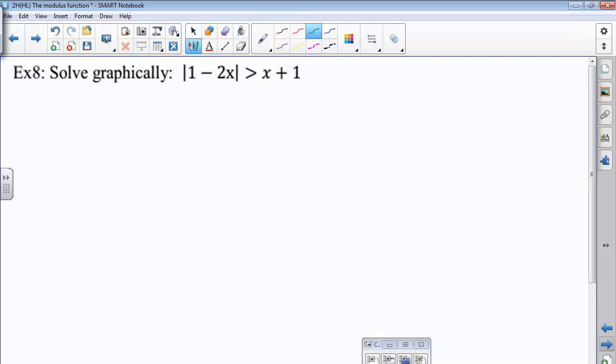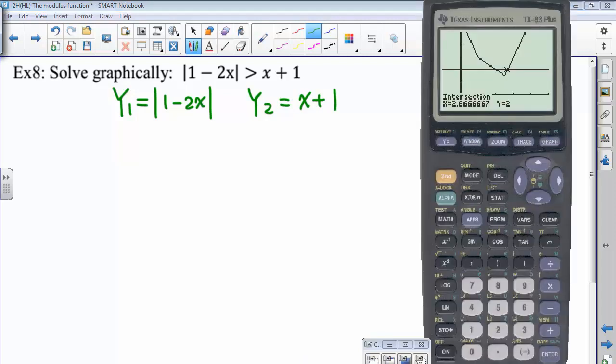And we found that if we use the graphing calculator, we can solve the absolute value equation fairly quickly and easily. So this time let's look at example 8. Solve this one graphically. I will do the same thing. I will let y1 be the left side function and the right side be the second function. So then in the calculator, I will change the first one.